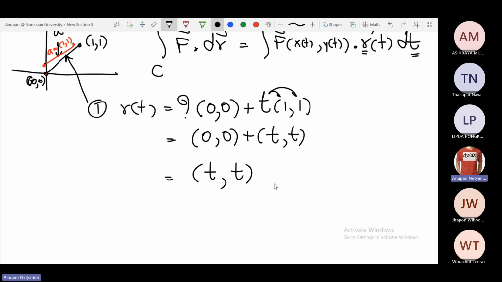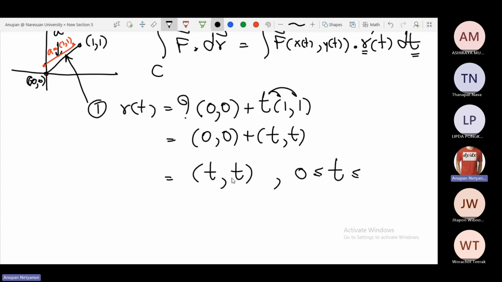Now you can see that from this point to this point, let's say if t is 0, you are at this point, okay?